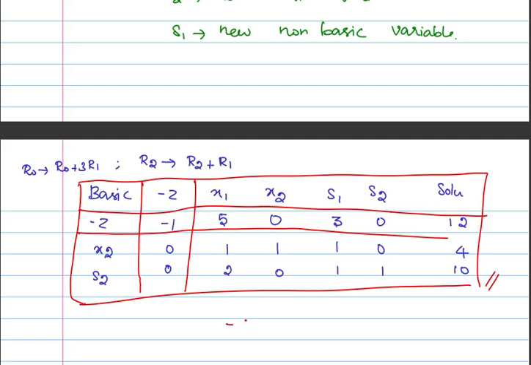Minus z equal to 12, which is the 12 from here. So this means z equal to minus 12, x1 equal to 0, x2 equal to 4. This is the final answer.